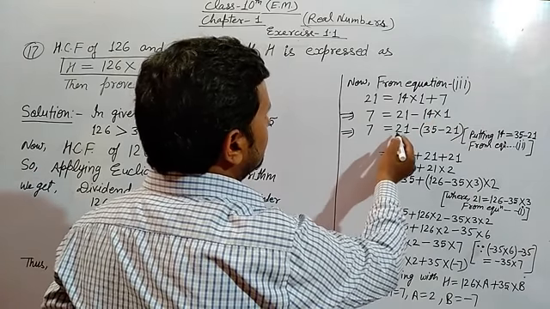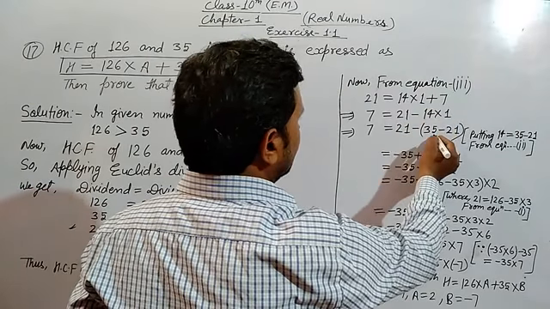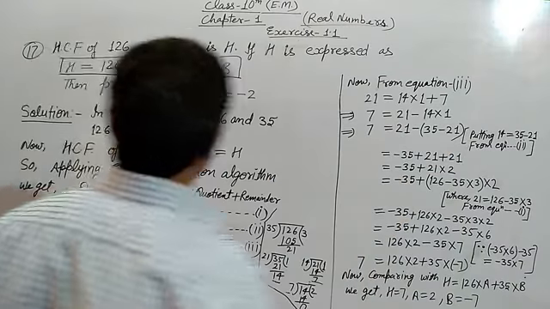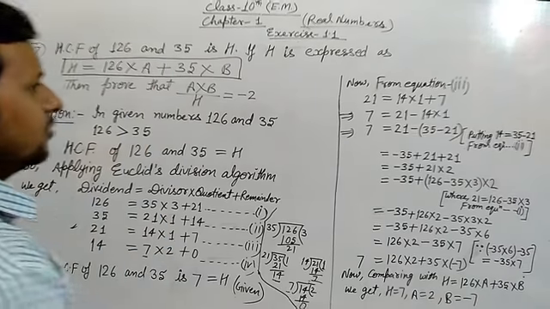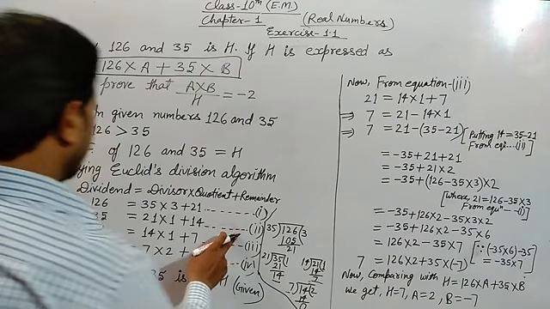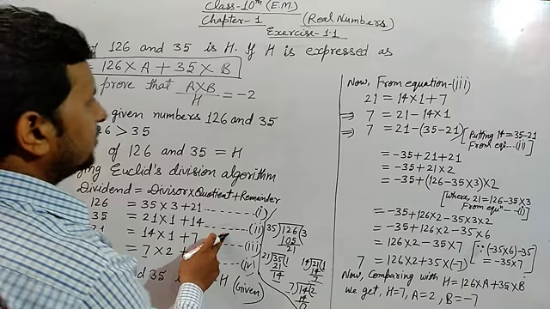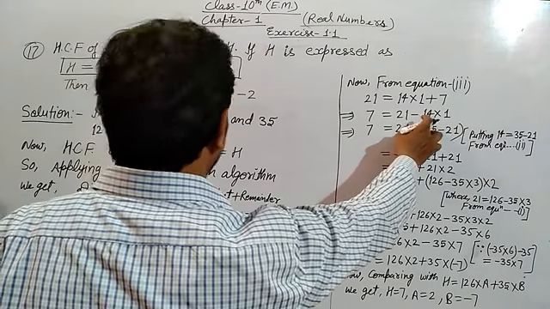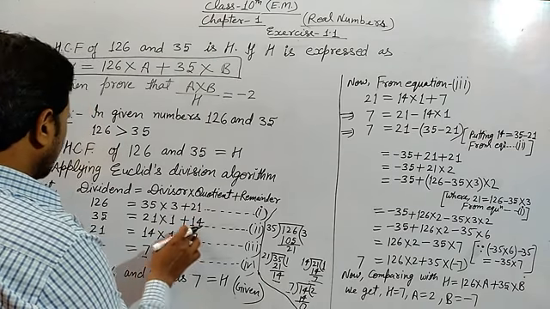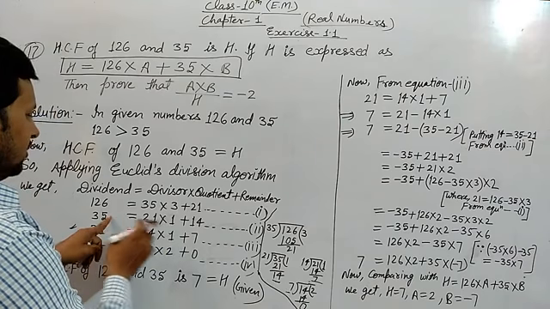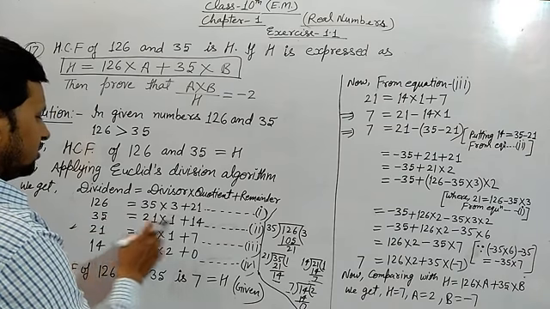Now again, 7 is equal to 21 minus, we can put the value 35 minus 21 in the place of 14. Where is 14? 14 is here, from equation second. This is equation second. From equation second we can put the value of 14. 14 is equal to 35 minus 21; when we change the side of 21, we get 35 minus 21 is equal to 14.